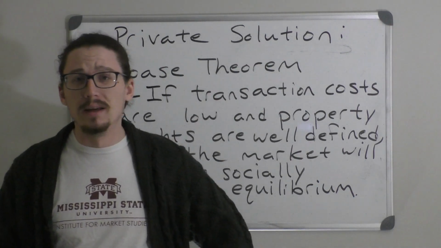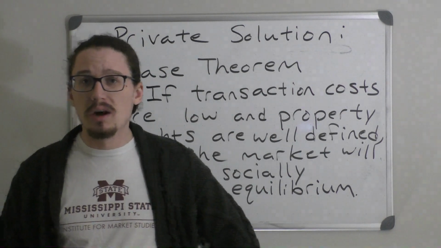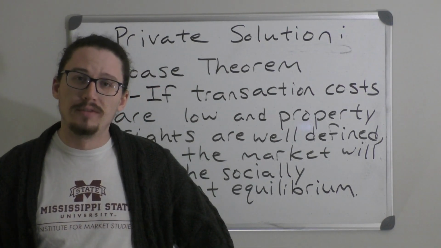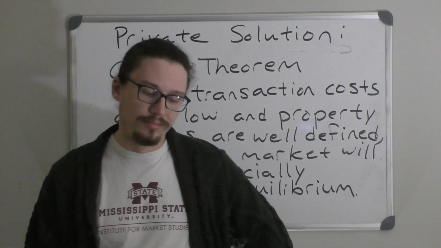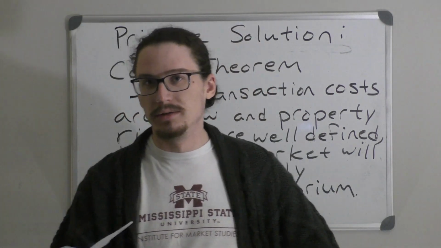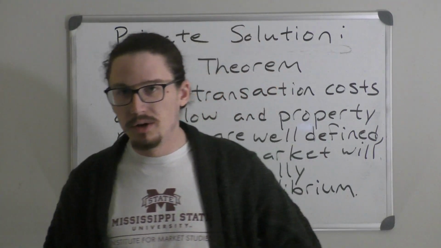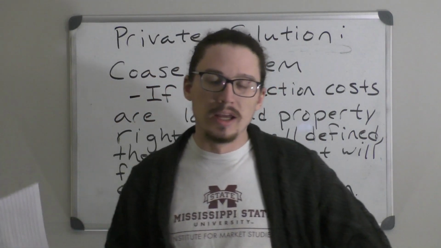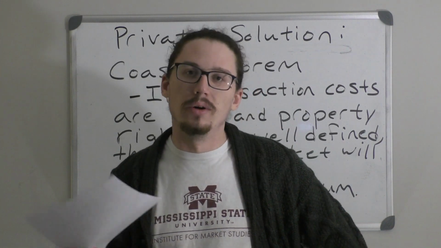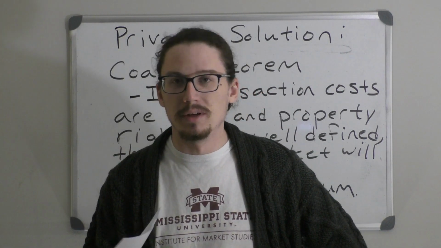This would be anything from explicit costs that you have to take on, such as hiring a lawyer to draft an agreement, all the way to implicit costs, like if you have to go stand in some line in a government building to get something to happen.